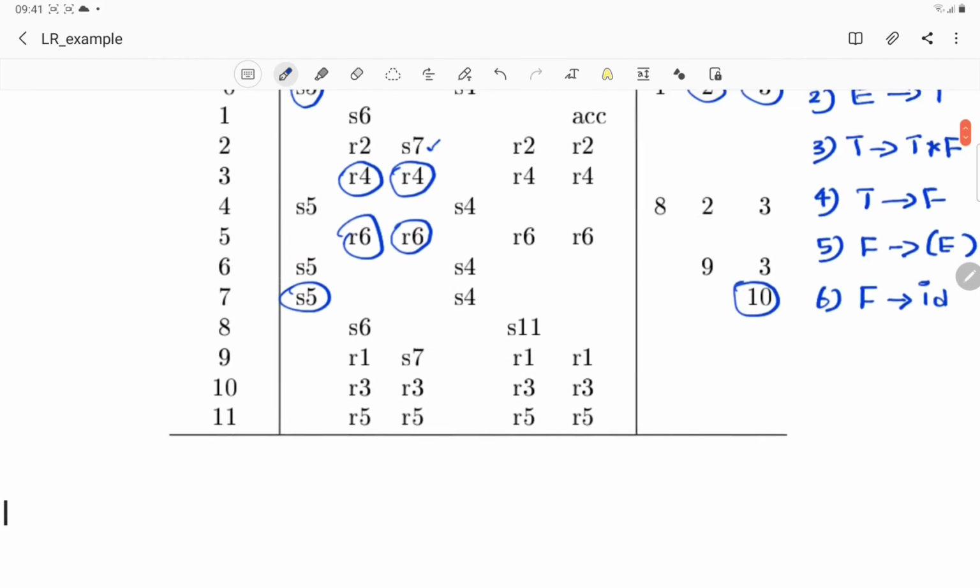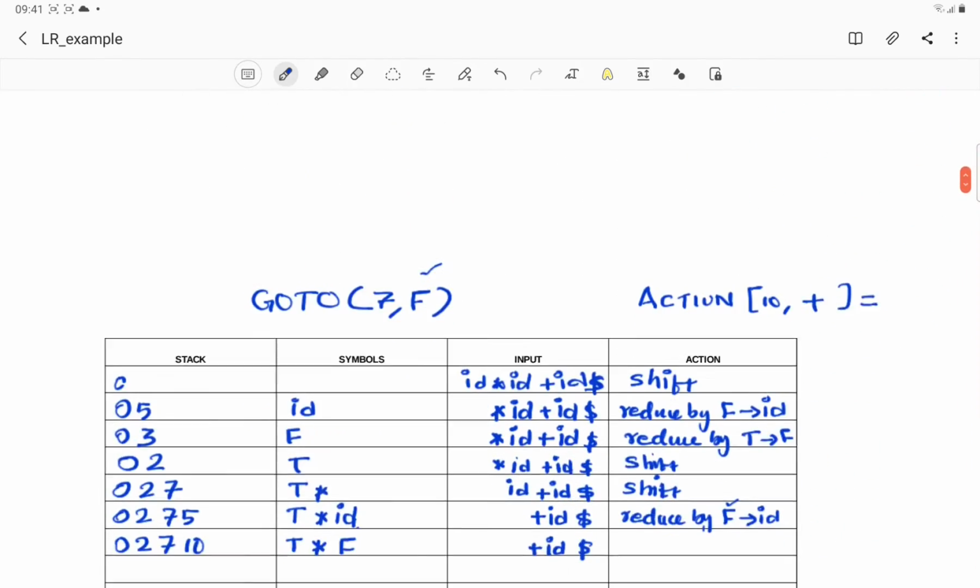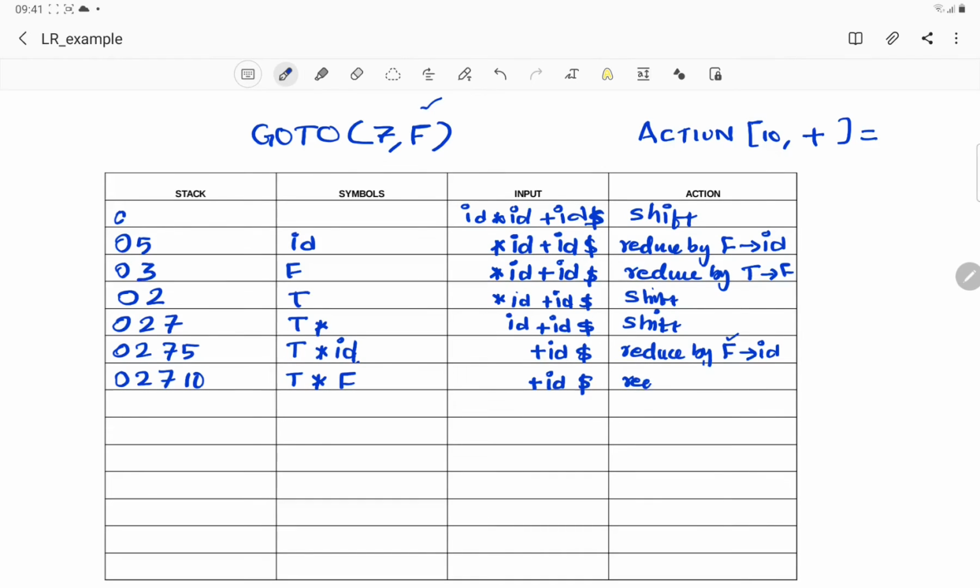Action of 10 comma plus is R3, reduce by production 3, that is T gives T star F. In this case we compute the length of the right hand side, which is 3 symbols: T, star and F. So pop 3 states off the stack, and the stack will become 0.